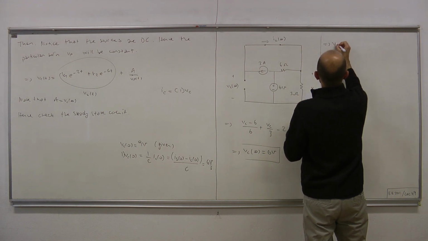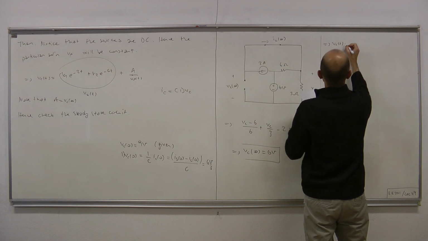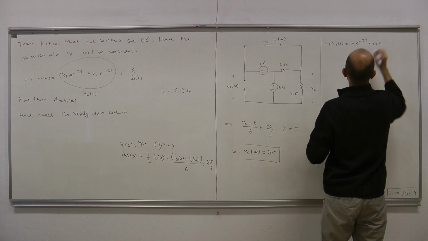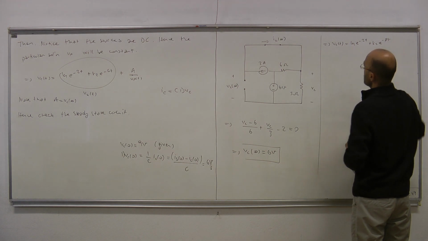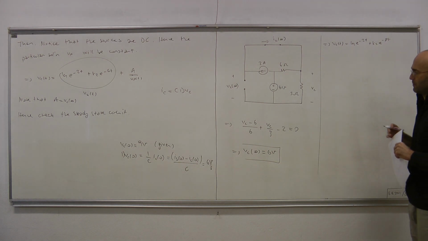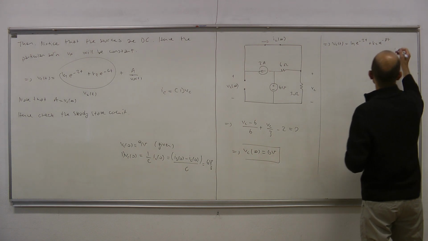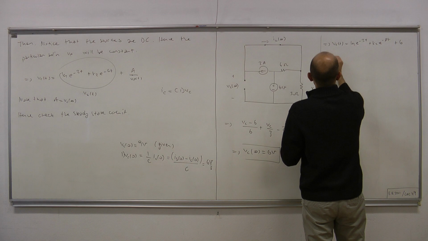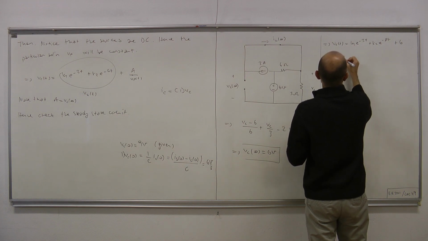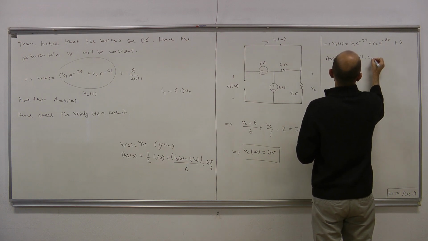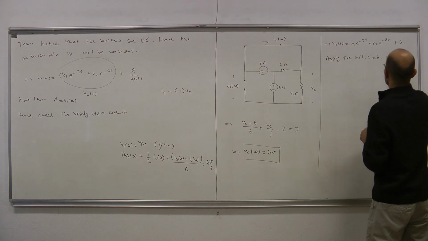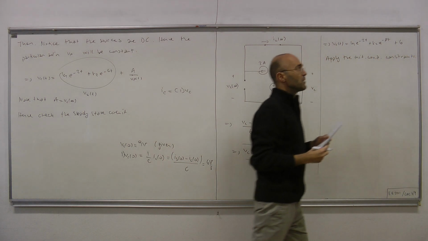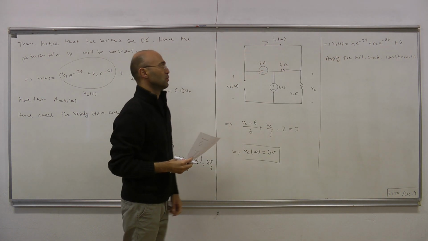Now we can write Vc(t) equals K1 e to the minus 2t plus K2 e to the minus 8t plus the particular solution, which is VC infinity, which is 6. Okay, apply the initial condition constraints to this overall solution.